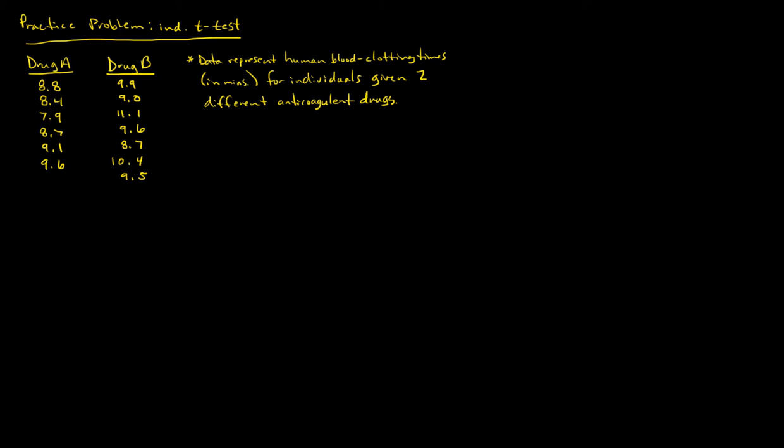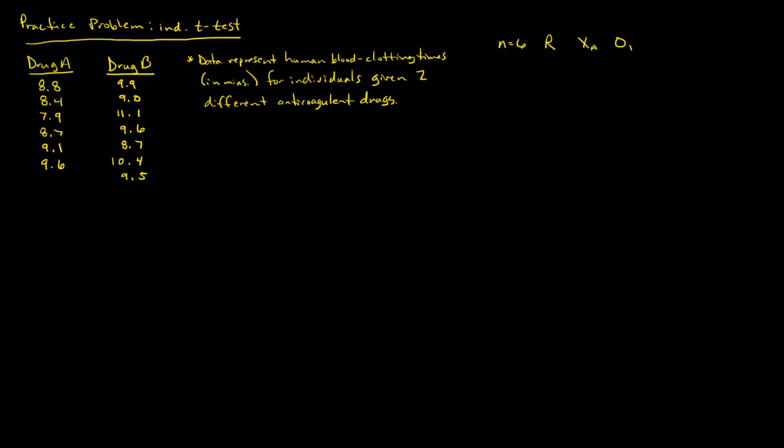Let me start first with what this design would look like. So we have 1, 2, 3, 4, 5, 6. N equals 6 in the first group, and they were randomly assigned to get, we'll call this treatment A, and then we're going to make an observation on their blood clotting times.